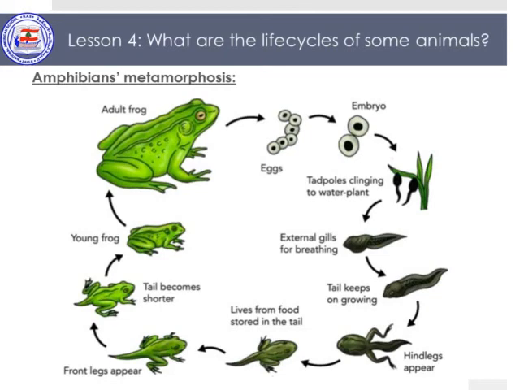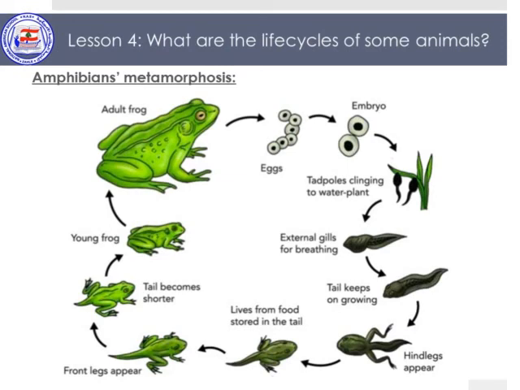And this tadpole lives in water, so it needs to breathe using gills. As you can see in the picture, the tail of the tadpole keeps on growing. Then the tadpole will grow legs.